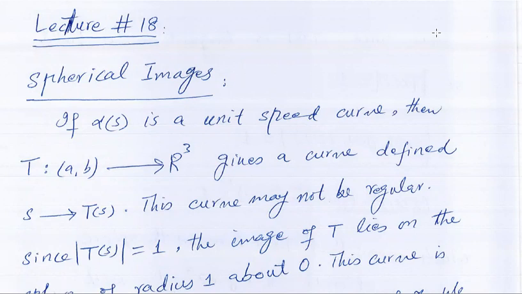In fact, the image of T lies in a sphere whose center is the origin and radius is 1, because the magnitude of T of s is 1.